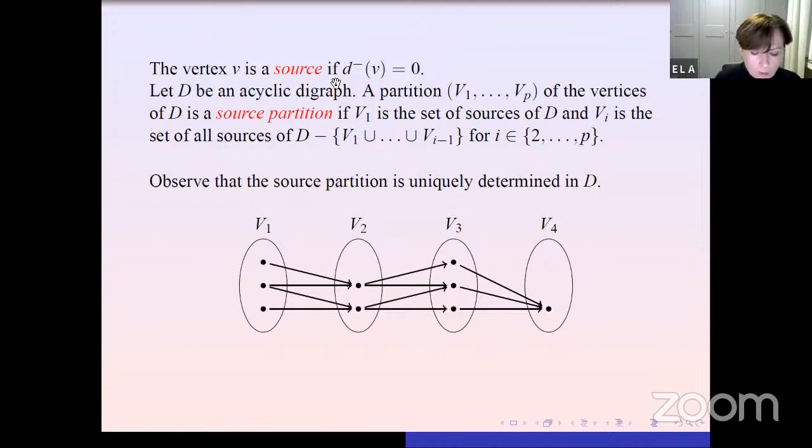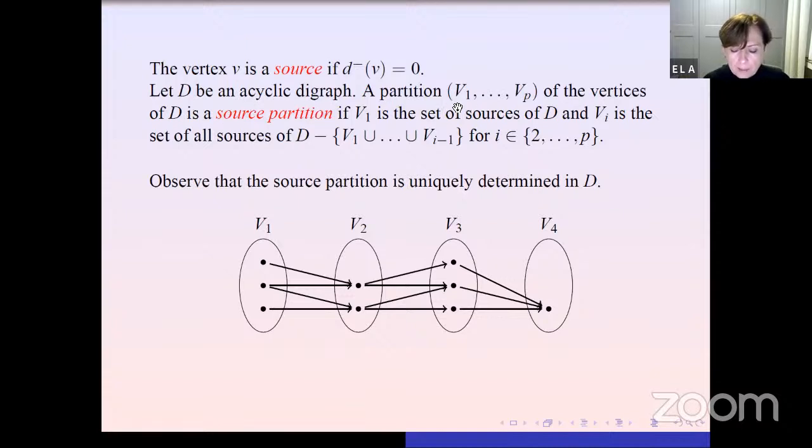Recall that a vertex is a source if its in-degree is 0. So a source is a vertex which is incident only with out-arcs. There are no in-arcs to the vertex v, and we define a source partition of vertices. We define it for acyclic digraphs.